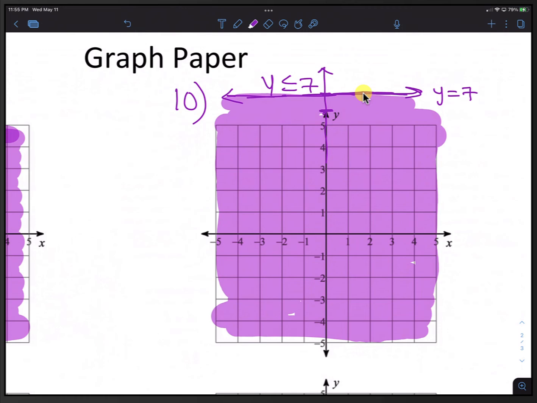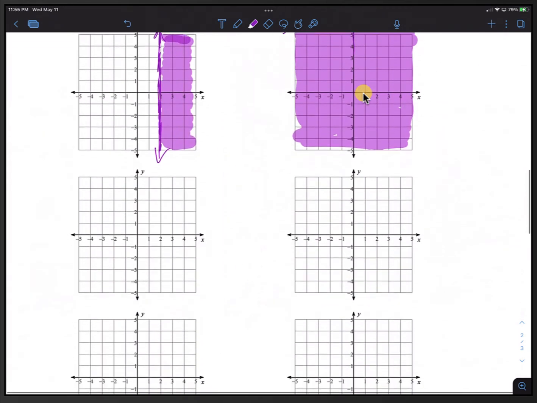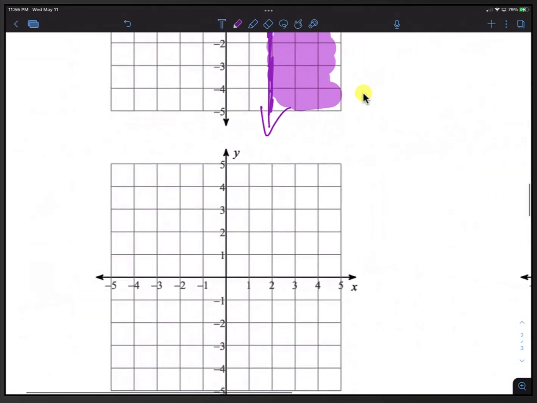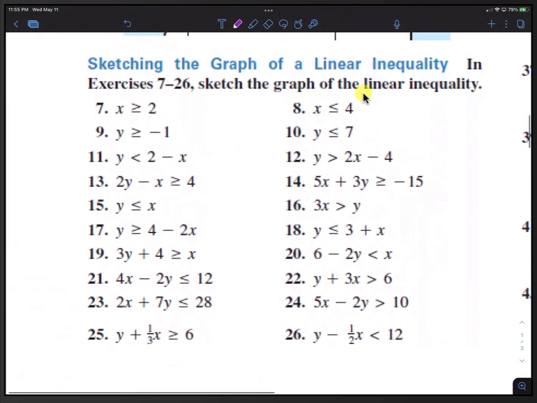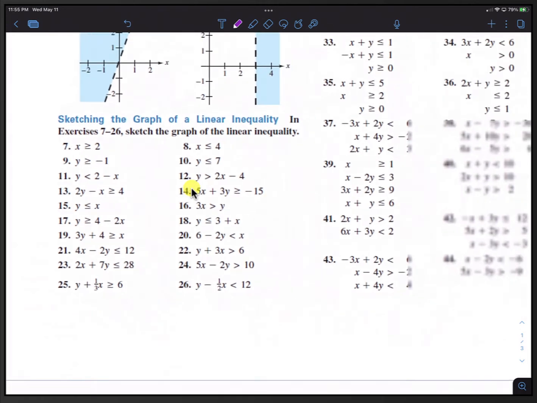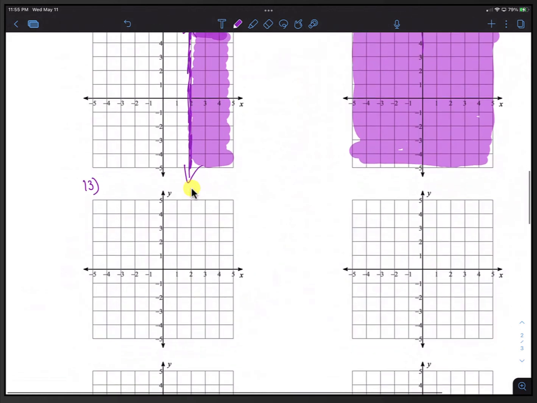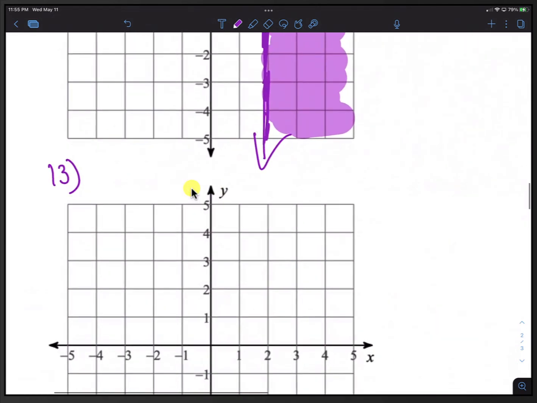All right, let's do the next one, number 13. Number 13, we have 2y minus x is greater than or equal to 4. What we want to do is get the y by itself so we can write it in slope-intercept form.